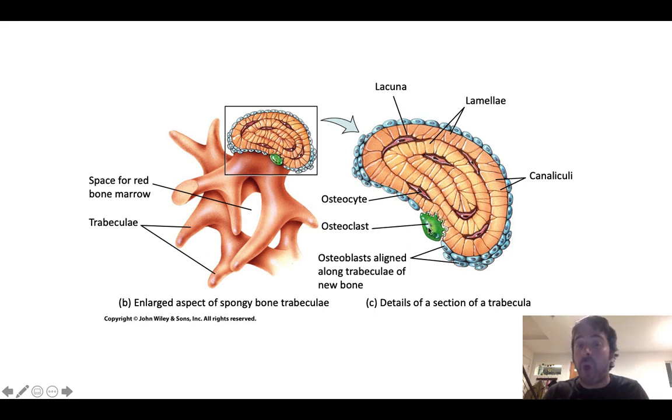So what osteoclasts do, and remember osteoclasts are derived from white blood cells, they're these big multinucleated cells that kind of look like Roomba vacuum cleaners, and they secrete enzymes that physically degrade the matrix of bone and release that calcium into the blood. So these osteoclasts come through and break down old worn out bone that you don't want, because bone can get old and stressed out just like anything. So the matrix of the bone can start to deteriorate.